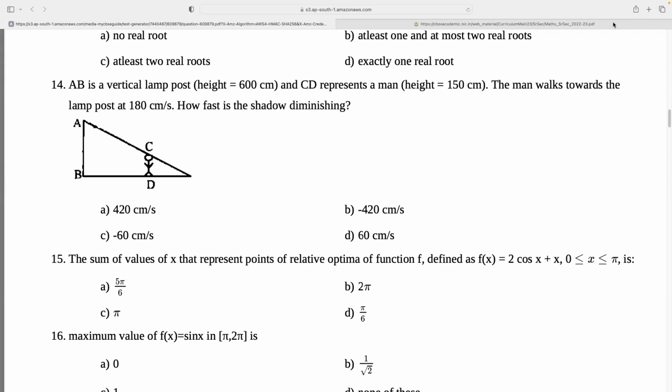How fast is the shadow diminishing? By the way, the answer for the previous problem is 4K plus root 2K.